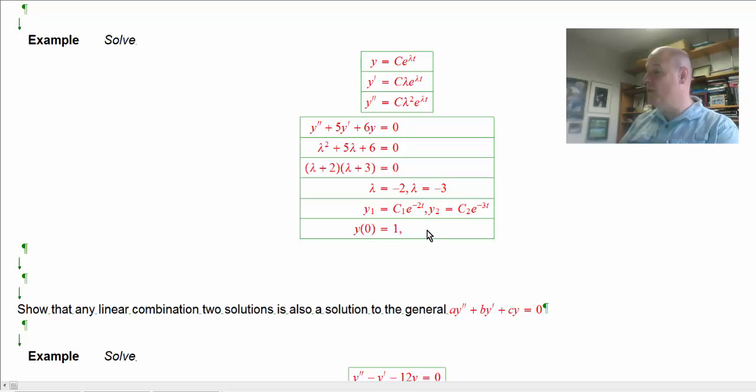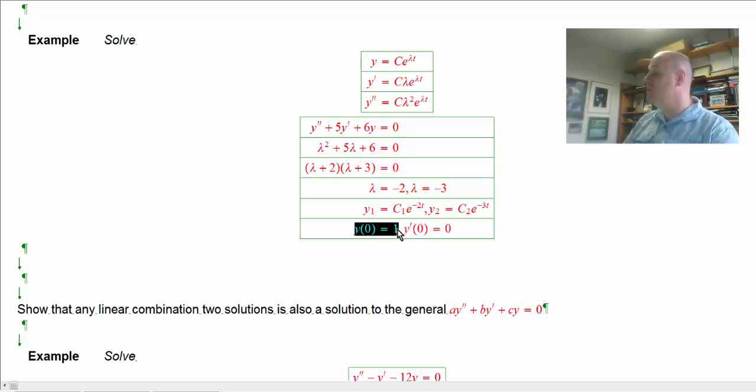Okay, I get another condition. The slope, let's say, is equal to 0. So this is basically saying that the solution to this differential equation goes through the point (0, 1) with a slope of 0. It goes through the point (0, 1) flat. Problem.